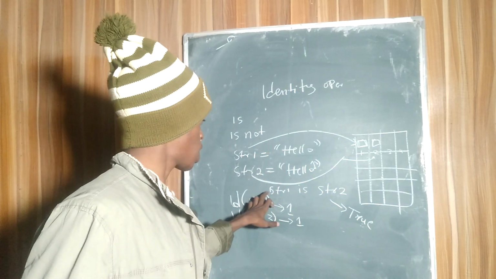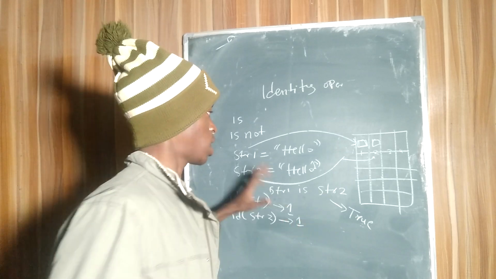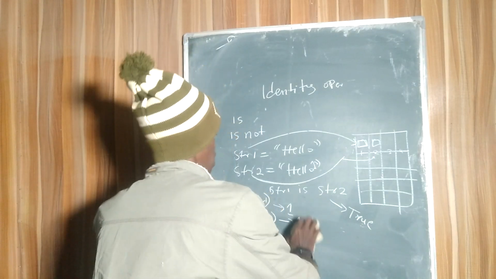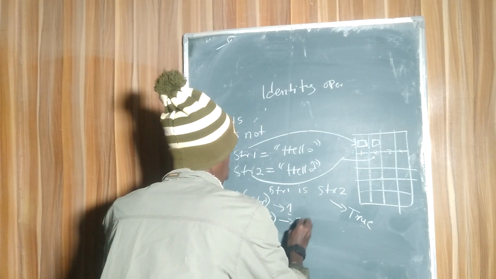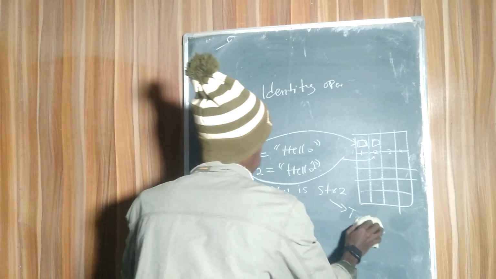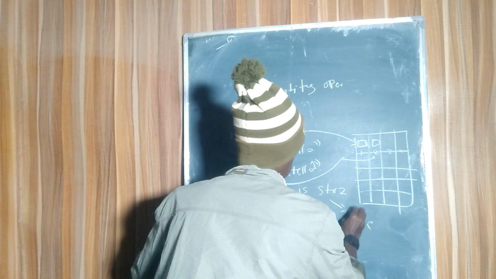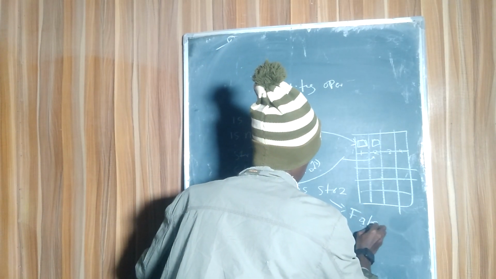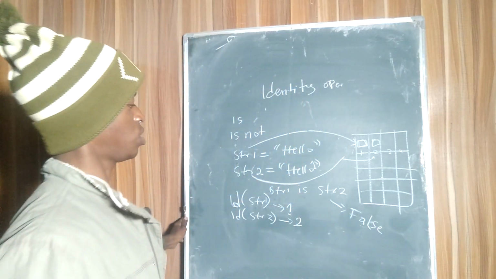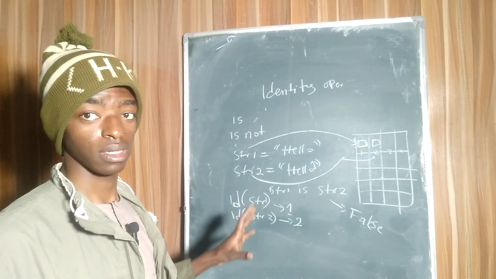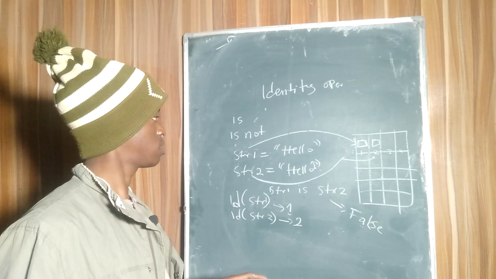And then if you check string 1 is string 2, at this point, since the id is now different, string 2 is now id 2, we're going to see the output equals false. So this is what happened behind the scenes.